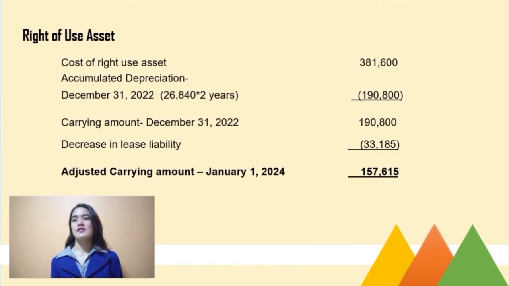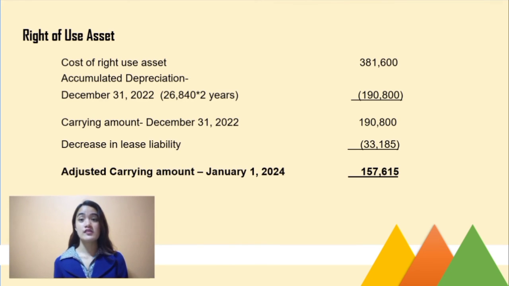Next, kunin na natin yung adjusted carrying amount ng ROU natin. Again, cost of right of use asset, 381,600. Deduct ulit natin yung accumulated depreciation on December 31, 2022, which is 190,800 pesos. It will be 190,800 pesos also as the carrying amount of the ROU on December 31, 2022.